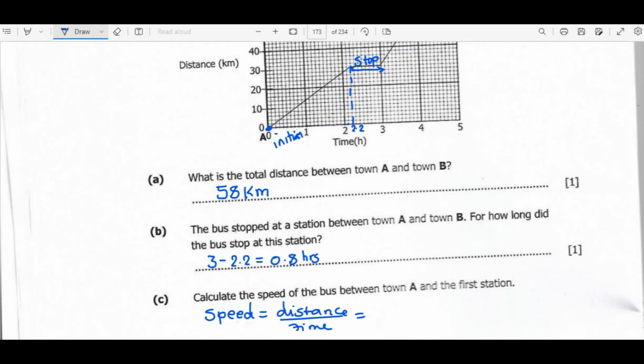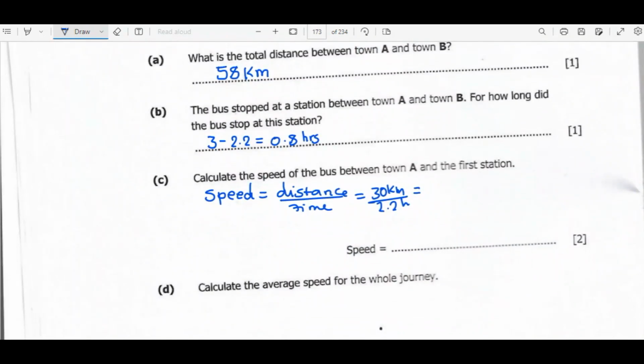Always the distance is gotten from the y-axis, so our distance is 30 kilometers. Then what is our time? If we move, time is 2.2. Then we are going to do the math here. So I'm getting about 13.6 kilometers per hour.